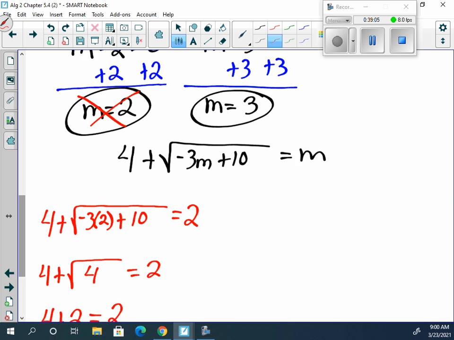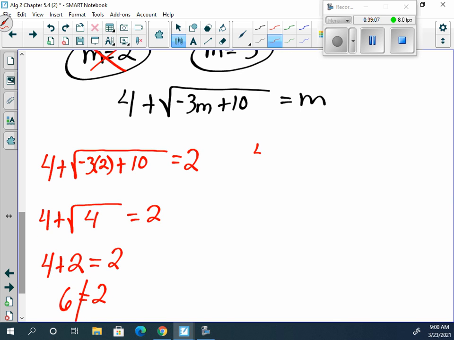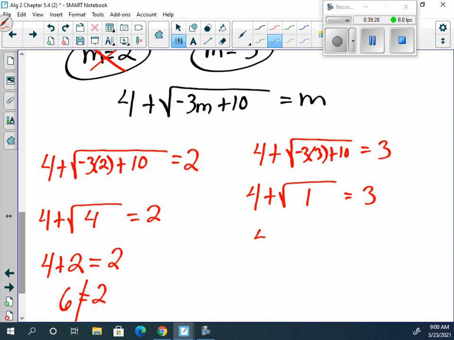Let's try 3. Negative 3 times 3 plus 10 equals 3. Well, negative 3 times 3 is negative 9. Plus 10 would give us 1, yes? What's the square root of 1? Oh, that's not good. 4 plus 1 is?